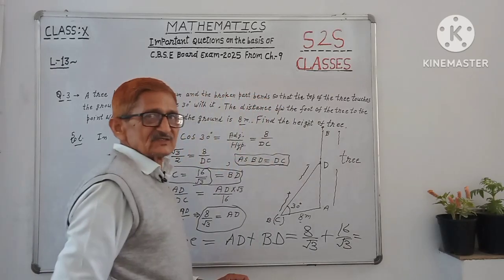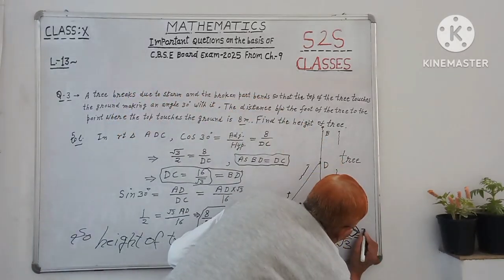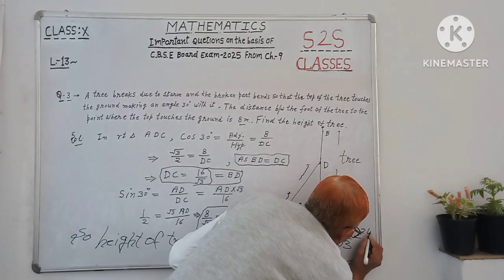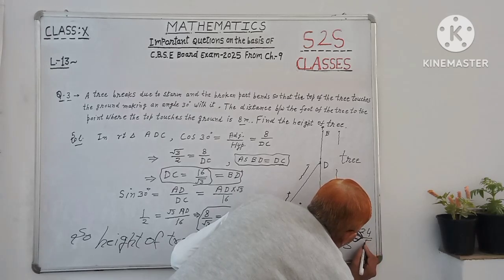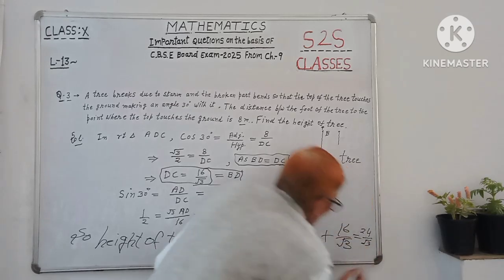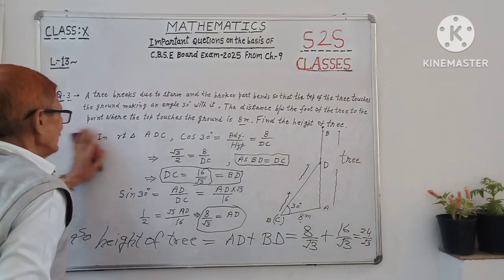Then 8 plus 16 is 24 upon √3, multiply by √3 up and down.